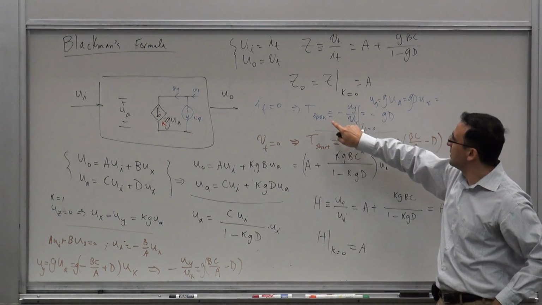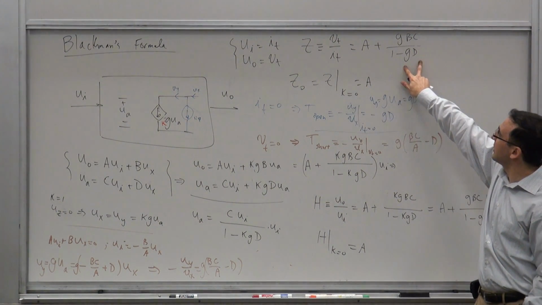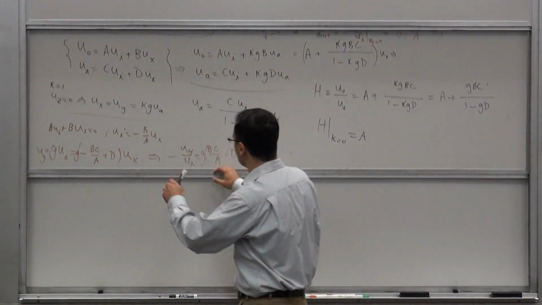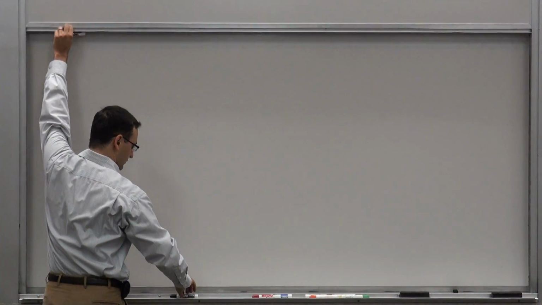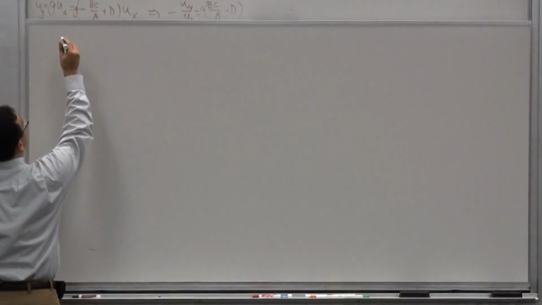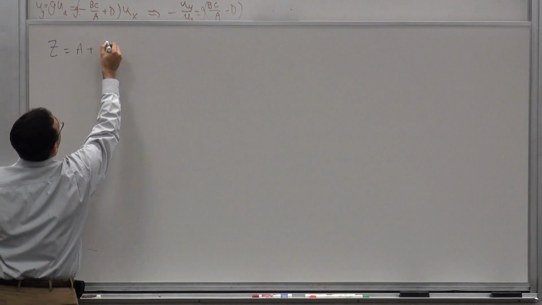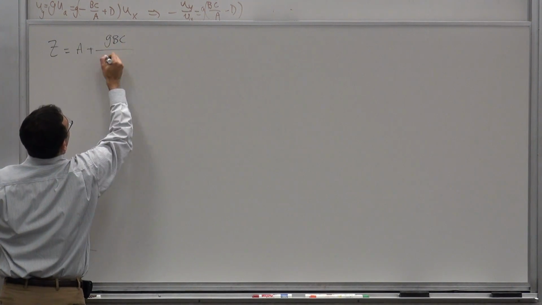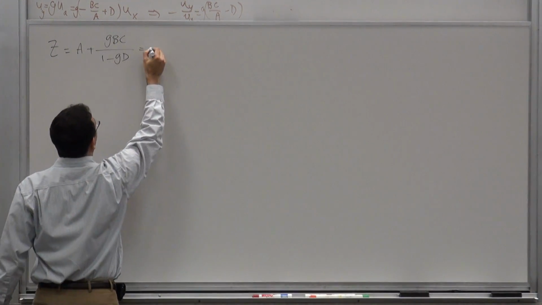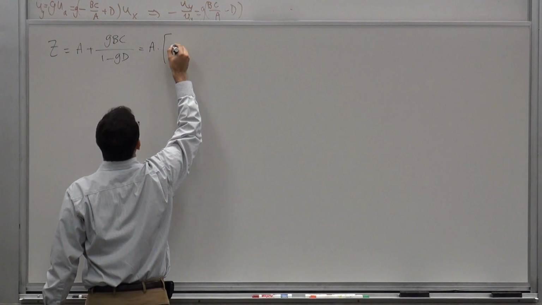So I've determined three things. I've determined the return ratio under open condition, under short conditions, and I've determined my impedance. So now let's rewrite these in a different way. I determine my impedance from the top to be A plus GBC over 1 minus GD. And I factor A out of this. What am I left with?